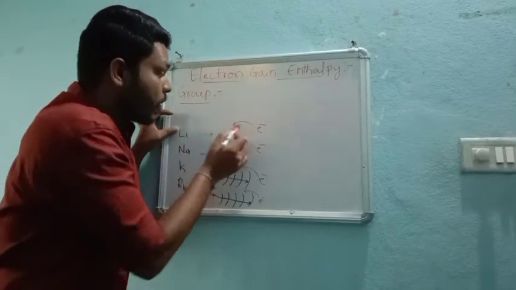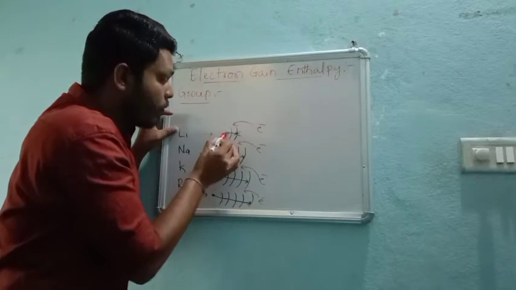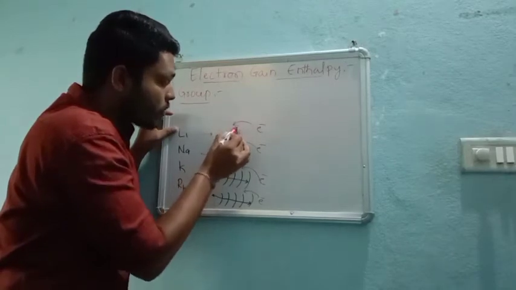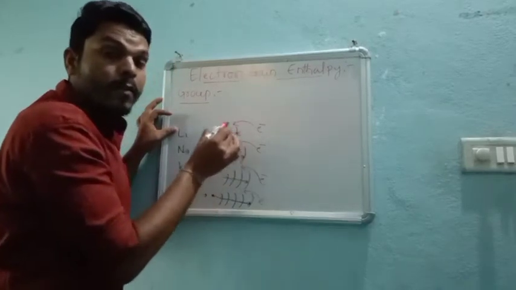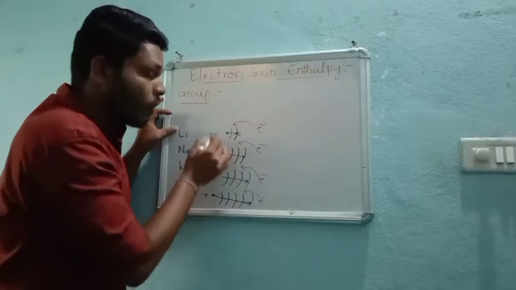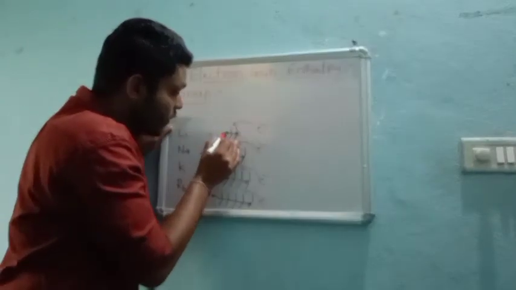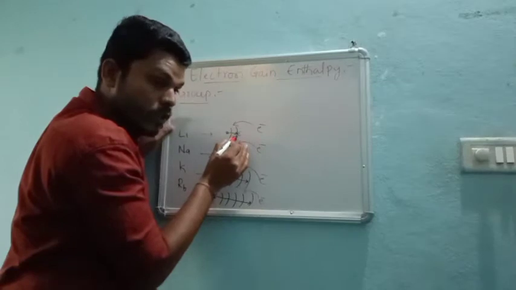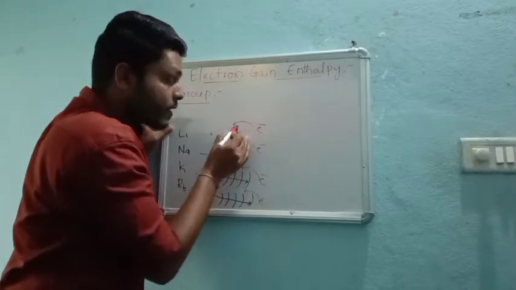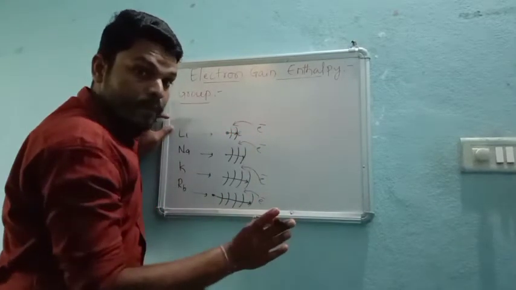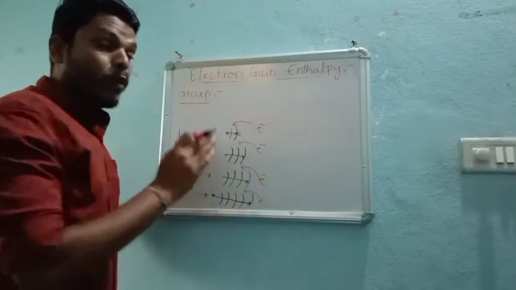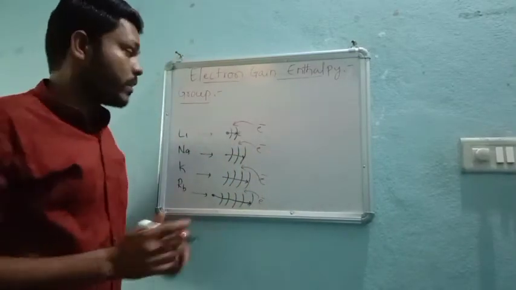Because here the influence of the nucleus on this shell is more, so it will not accept the electron very easily. That's why more energy will be produced.